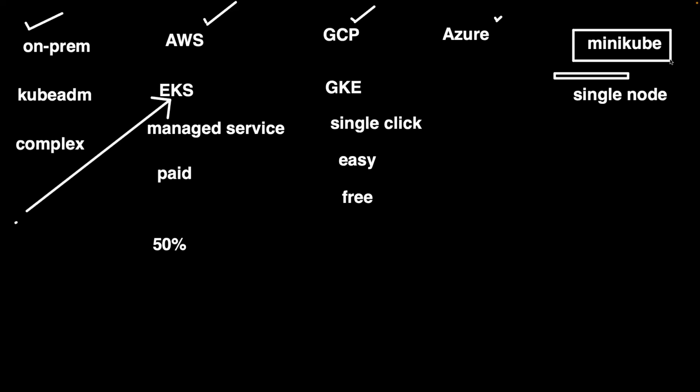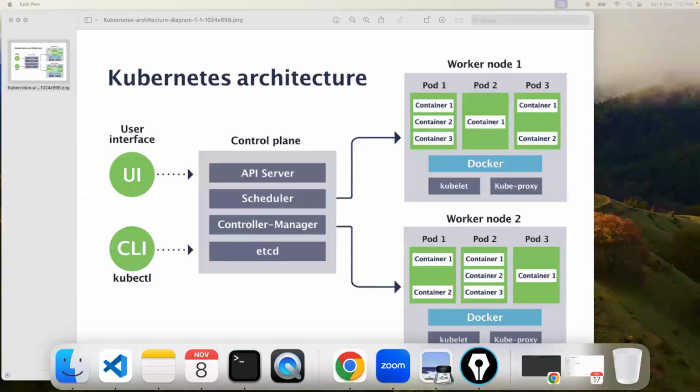Okay. So now let us go to our AWS account, have some VMs, and create a cluster, right? So let's get started. Any questions meanwhile from anyone? Let me create a cluster.